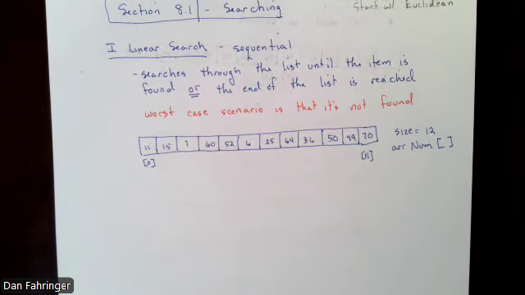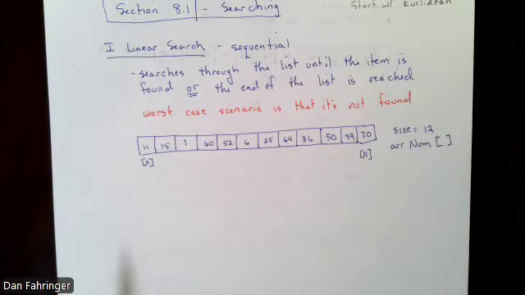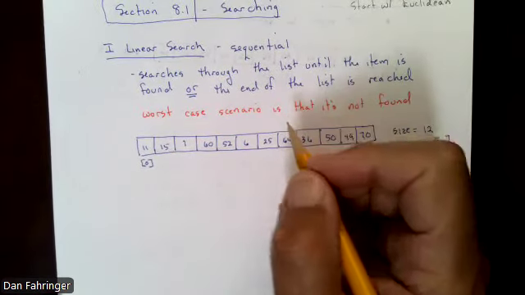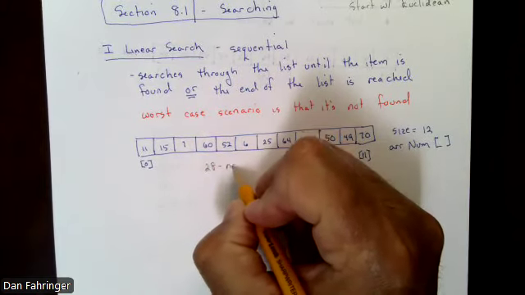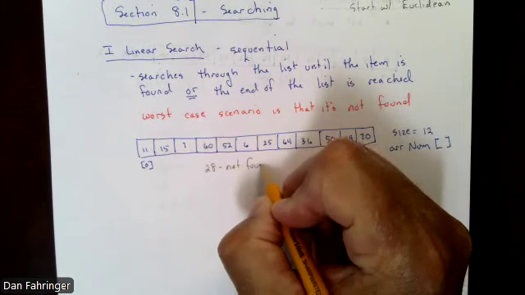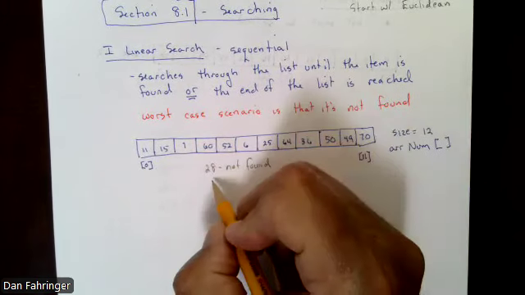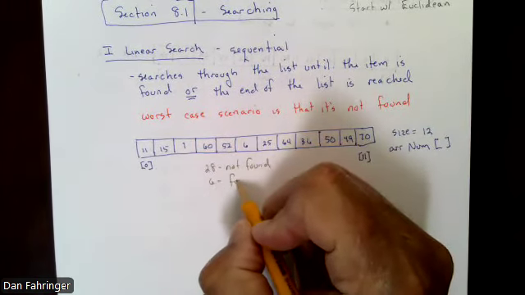Let's write some pseudocode. What would the pseudocode be? I'm doing test data because I drew an array and I'm thinking, what if I'm looking for 28 and that's not found? That's one case. The other case, maybe I'm looking for 6 and it's found.